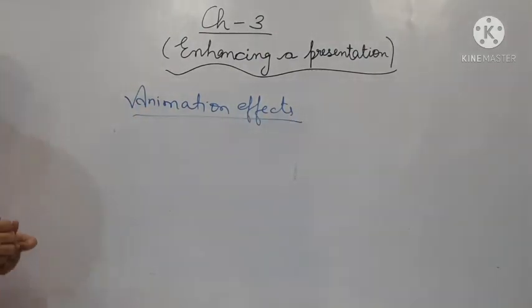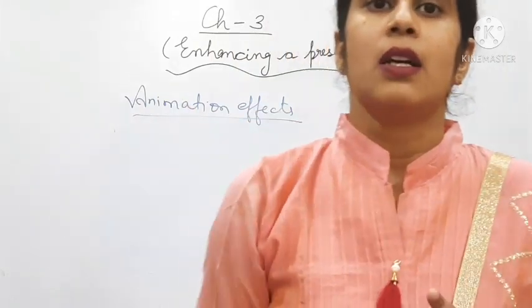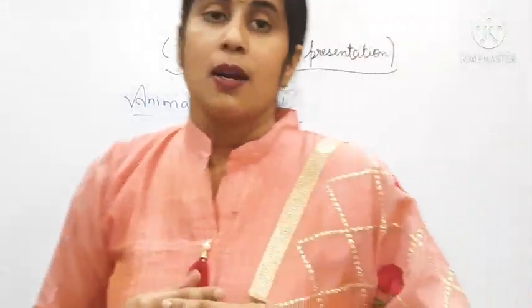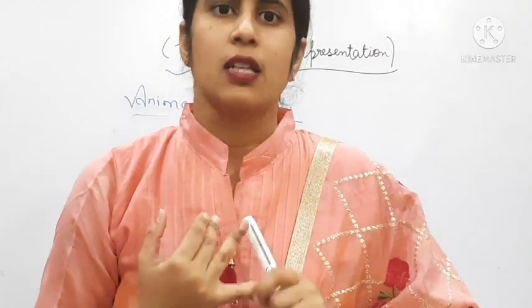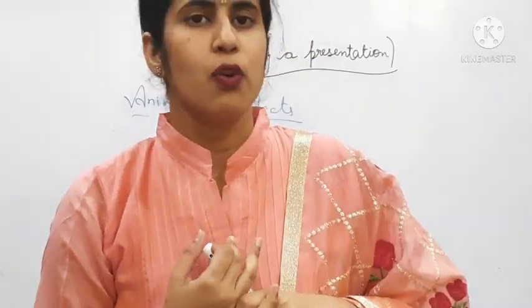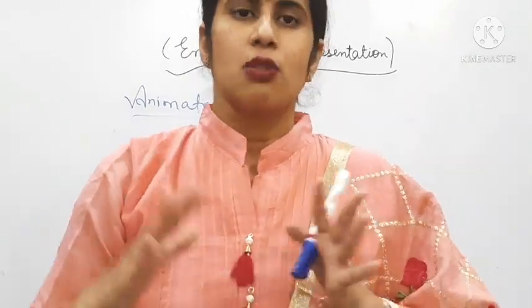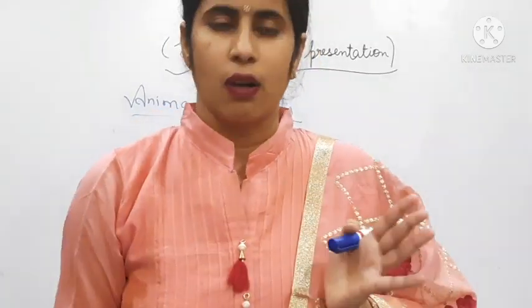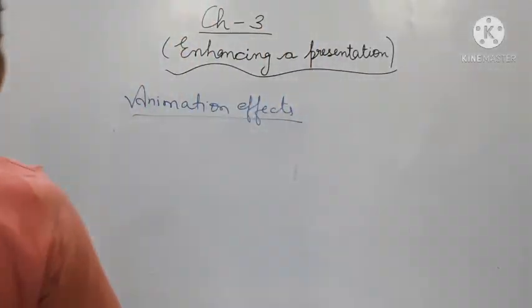Now, what is animation effect? Animation effect is a term that means the ability to move objects like text, graphics, charts, logos, pictures, whatever is inside any presentation. So the ability to move all of these is known as animation. So what is animation?